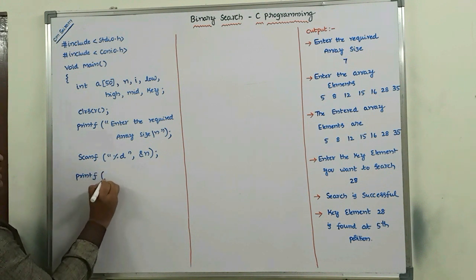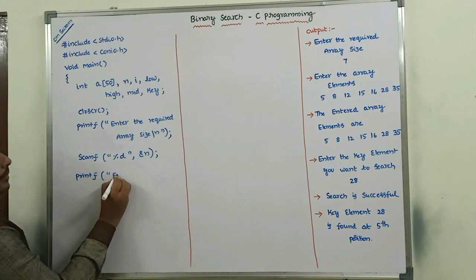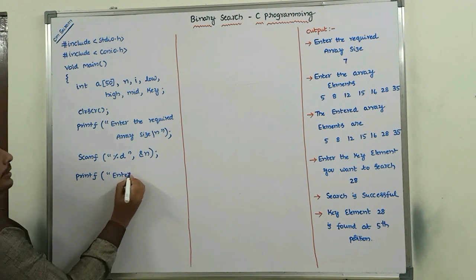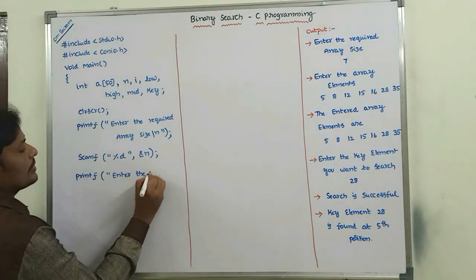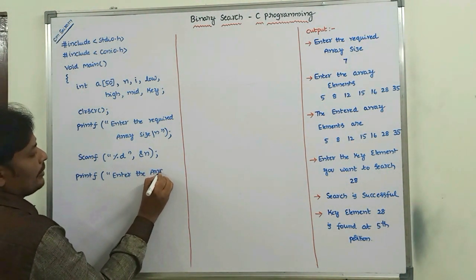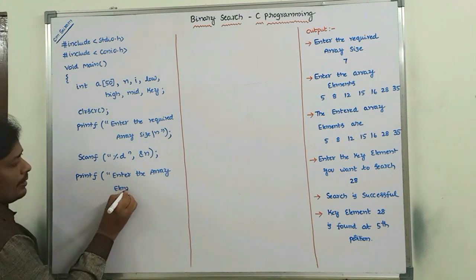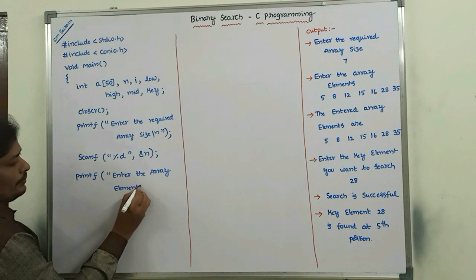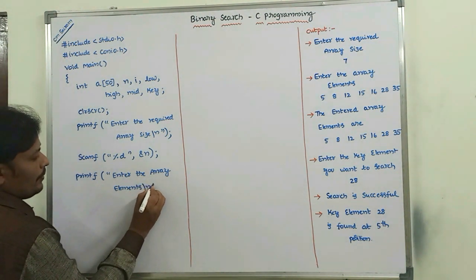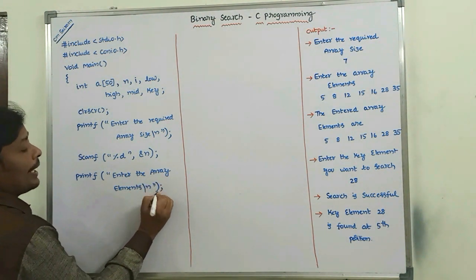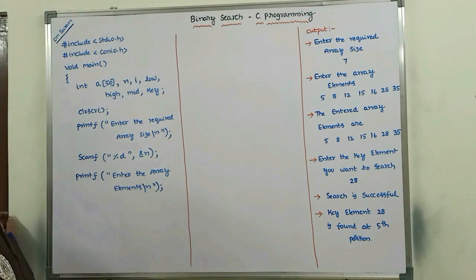Next one, printf, enter the array elements. For entering the array elements from the keyboard, we are using a for loop and the scanf function.